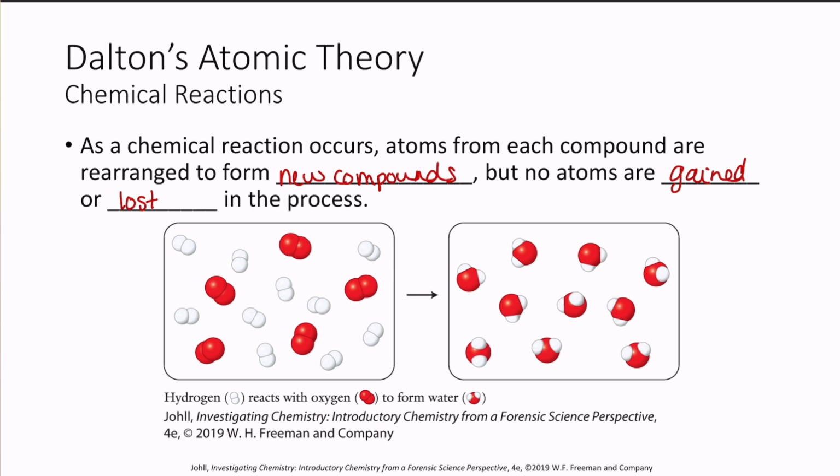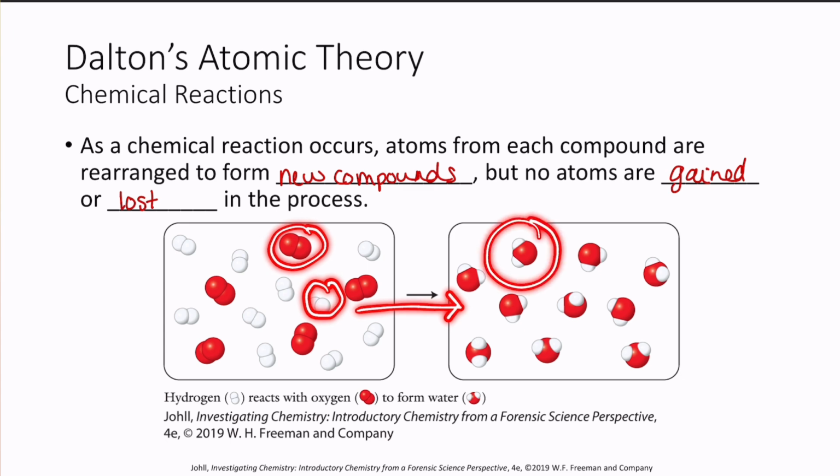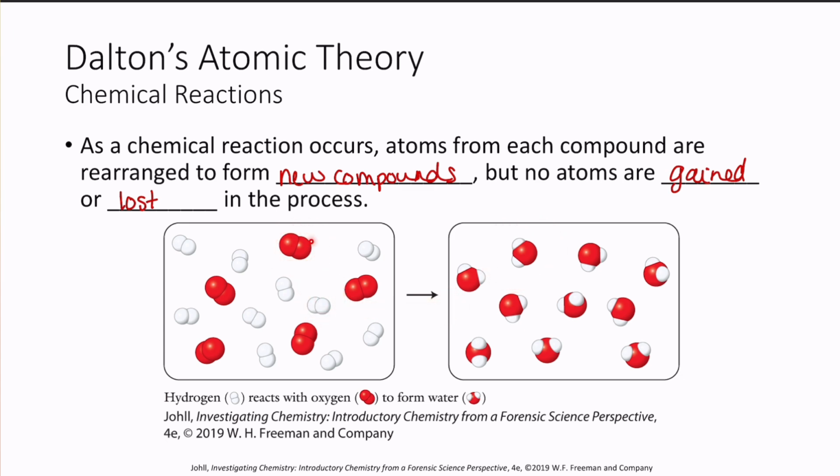So this is another example of how mass is conserved. In this example, we have oxygen gas reacting with hydrogen gas to yield water vapor. So I have two oxygen atoms reacting with two hydrogen atoms, and that will yield water that has two hydrogens and one oxygen.